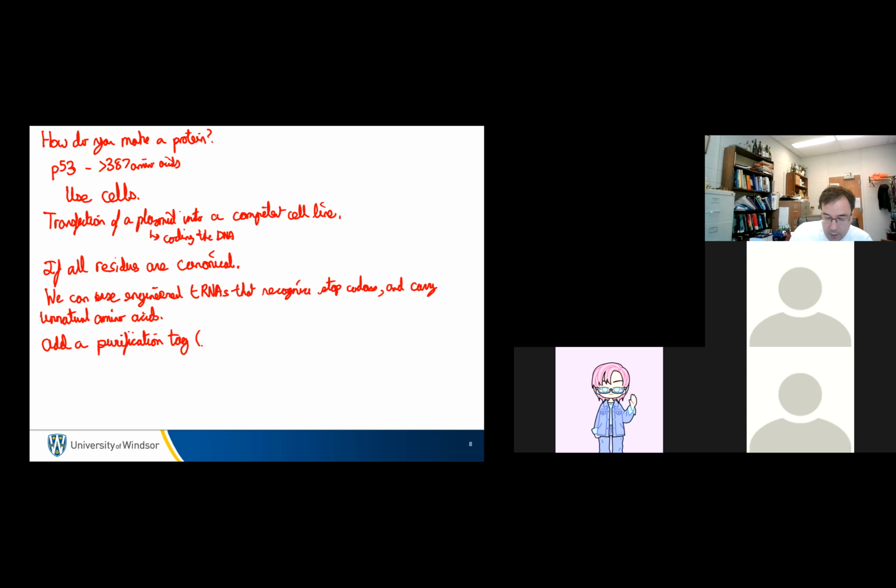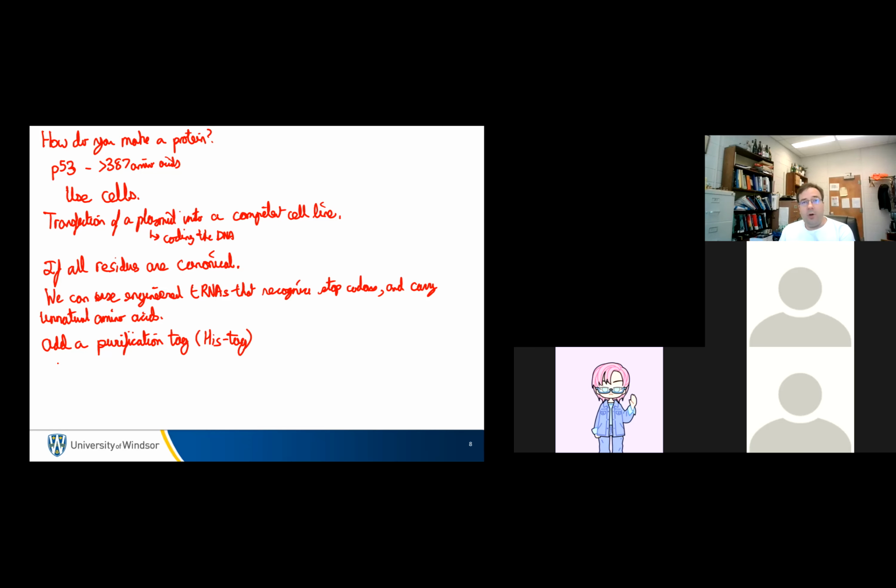And so like a his tag, like a histidine tag is very common. So it's a sequence of 5 to 9 histidines in a row at the very end of the peptide, or the protein, sorry, and that binds really well to nickel. So we can basically pull that protein separate from all the other proteins present.